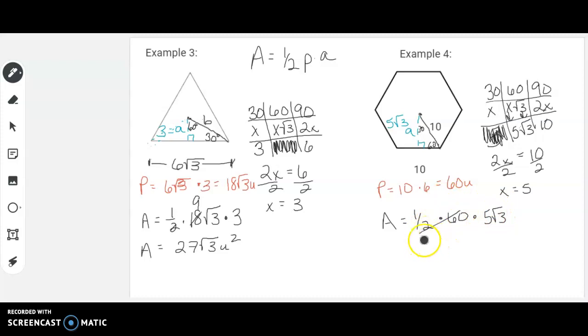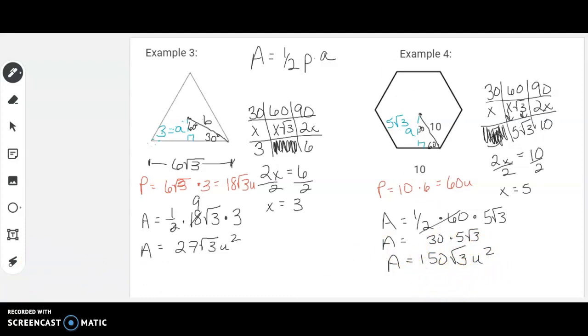Half of 60 is 30. So I get 30 times 5 square root of 3. And that leaves me with 150 square root of 3 units squared.